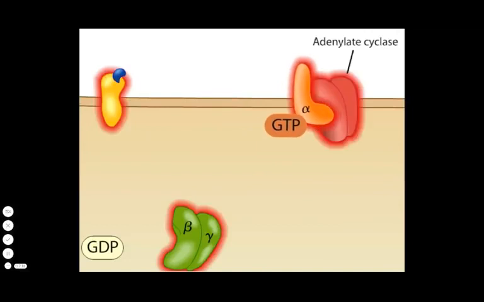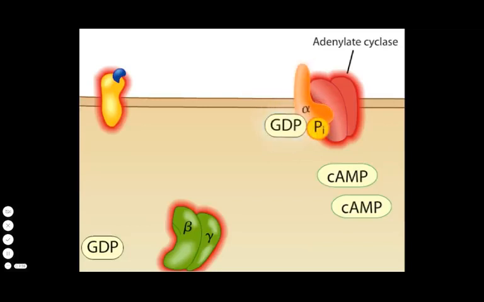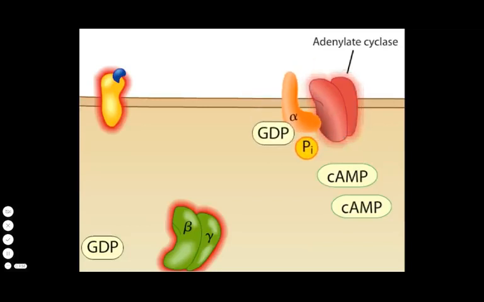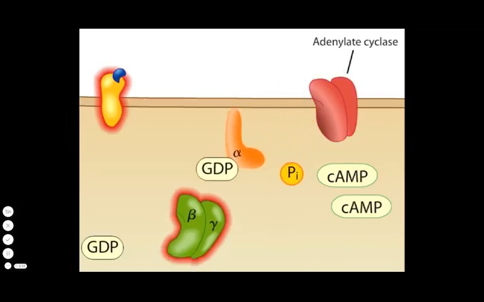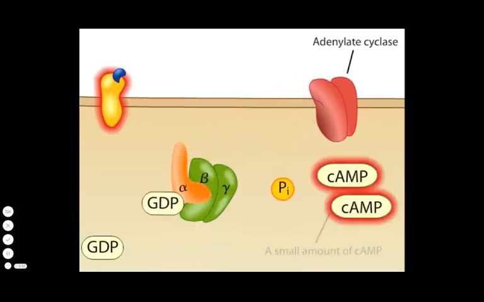Activated adenylate cyclase converts ATP to cyclic AMP. The G protein alpha subunit has a GTPase activity and soon cleaves GTP to form GDP, thereby inactivating itself and adenylate cyclase. The G protein complex reforms, and only a small amount of cyclic AMP has been made.